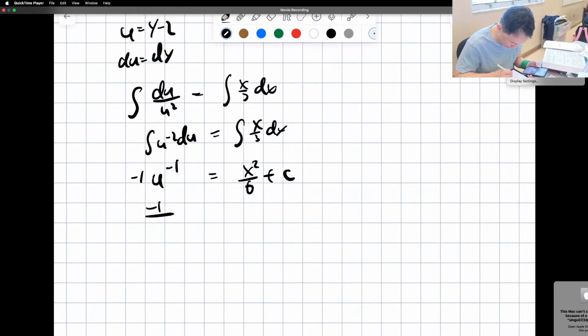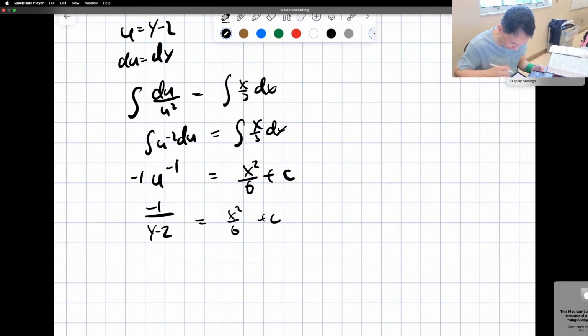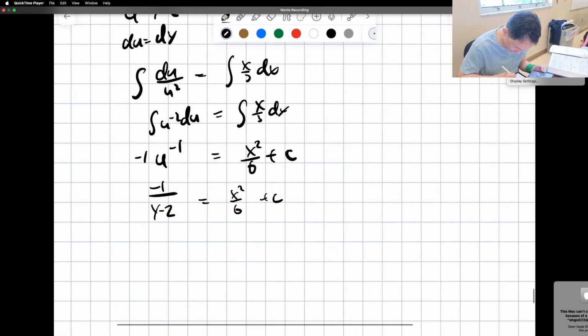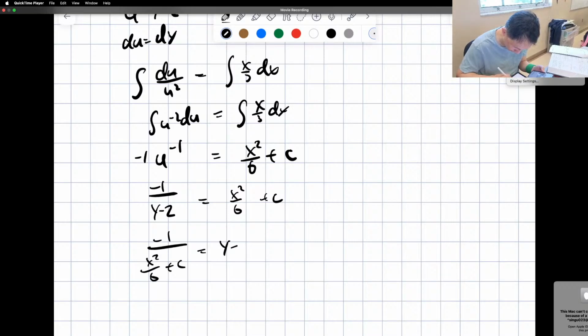And this is negative 1 over (y minus 2) equal to x squared over 6 plus c. In order to solve for c, I isolate: y minus 2 equals negative 1 over (x squared over 6 plus c), so y equals negative 1 over (x squared over 6 plus c) plus 2.